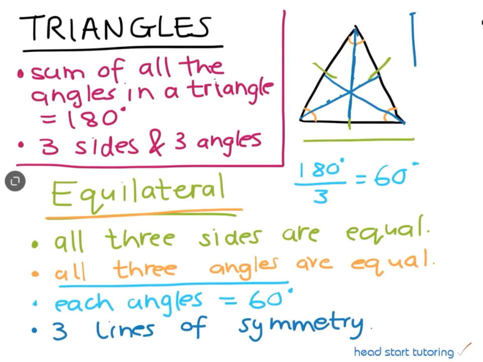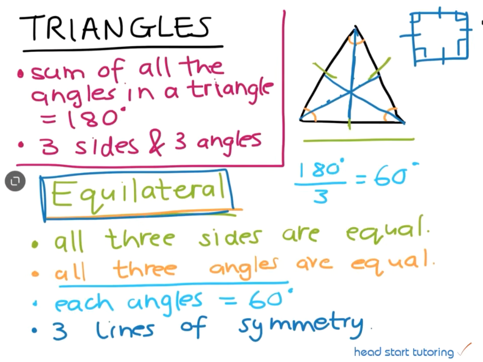Remember, our square has 4 equal sides and 4 equal angles, and it therefore had 4 lines of symmetry. And we'll see later on with some other polygons, regular polygons, that rule will still apply. Right, so these are your properties of the equilateral triangle.